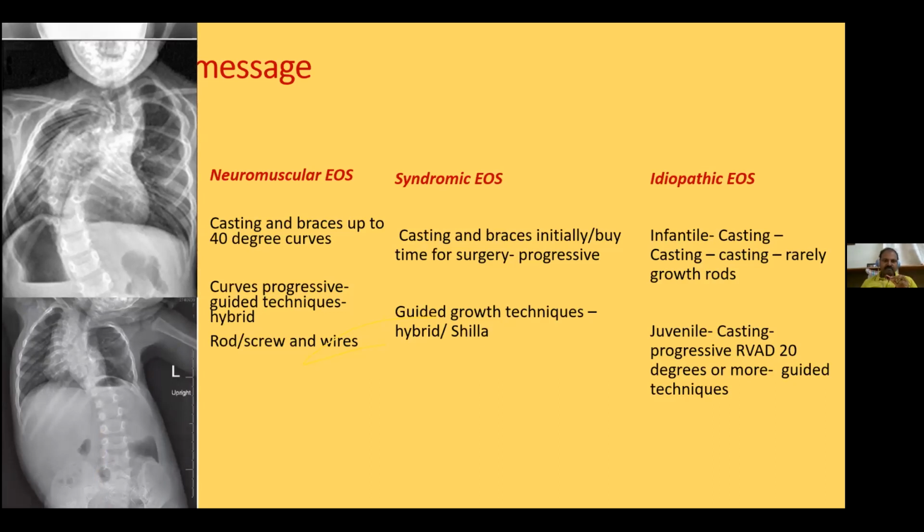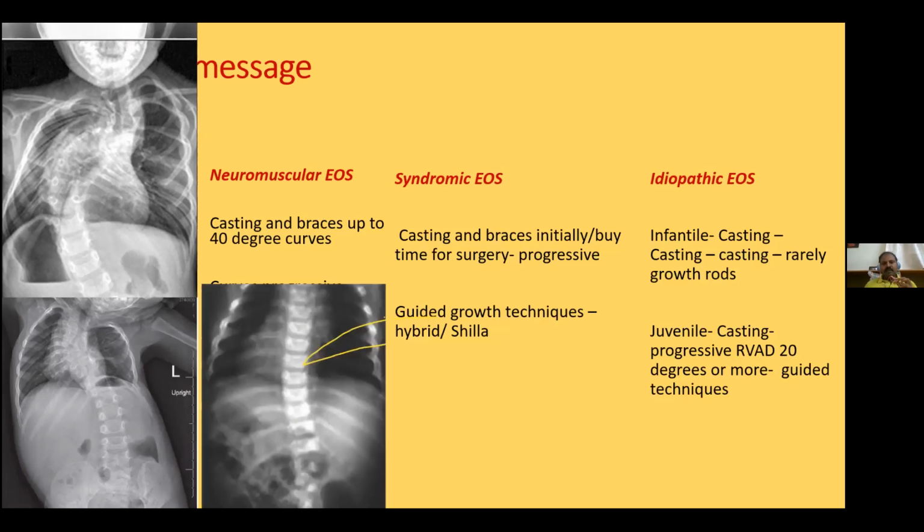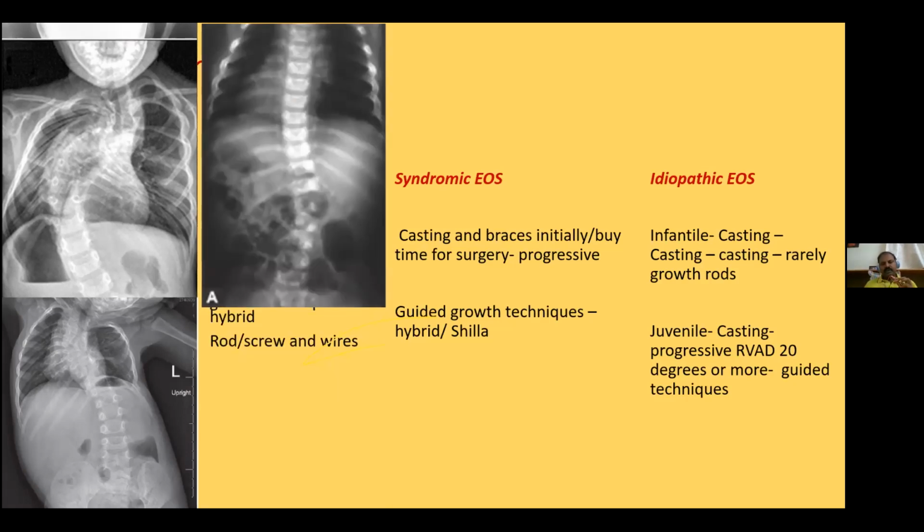Then comes neuromuscular. You try casting up to 40 degrees, because until the child is 4 or 5 years old you can try casting, to buy time. If a curve is like this, you don't want to use a growing rod or do a surgery right now, so you can do casting and then buy time with braces and all that.